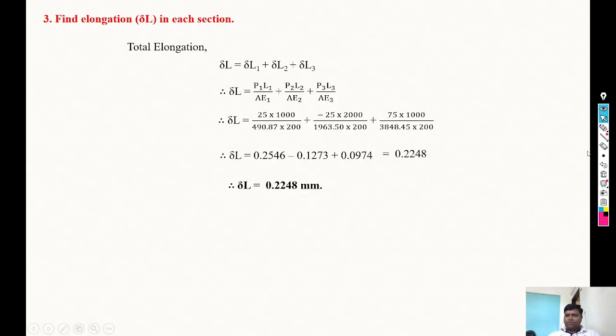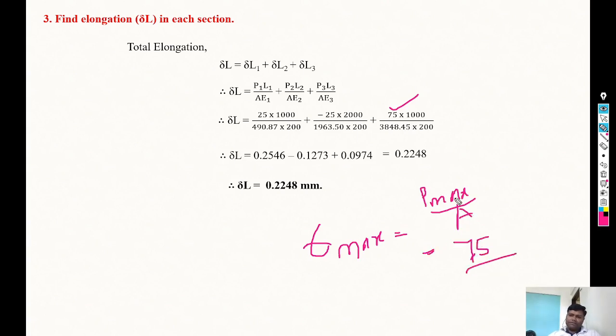The maximum force is 75. For maximum stress, just consider sigma max equals P max divided by area. Here P max is 75 and the area is 3848.45.